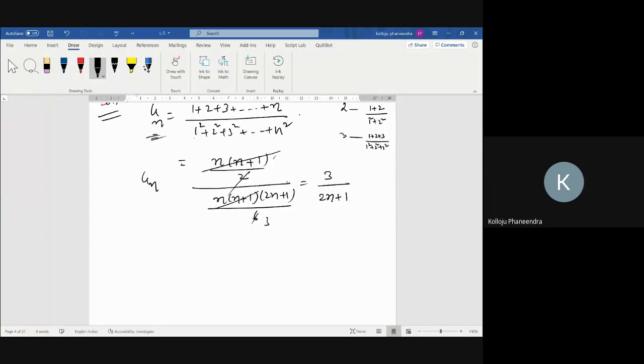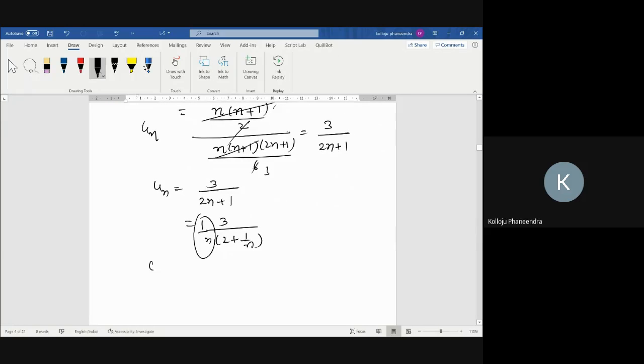This is un. Now take n common in the denominator: 2 plus 1 by n. This 1 by n is Vn. Un equal to this. Choose Vn equal to 1 by n.